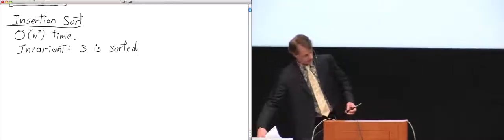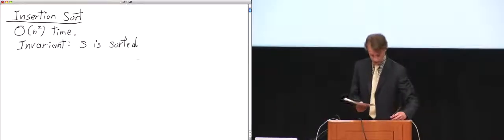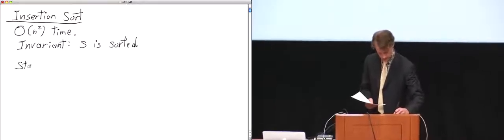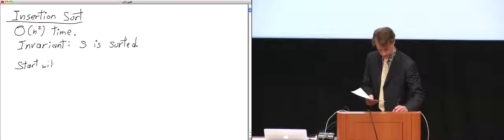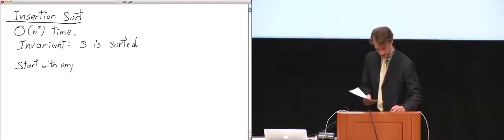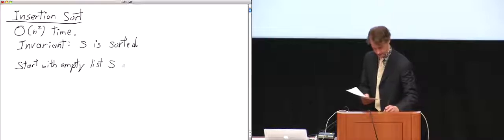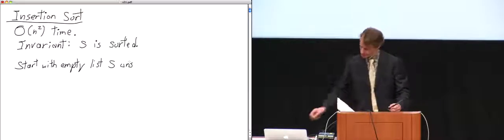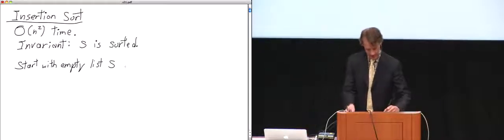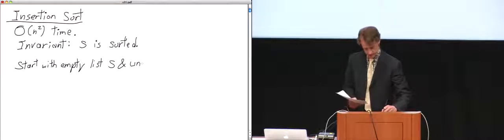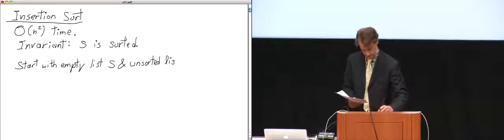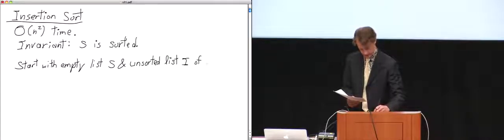So I will write out sort of pseudocode for the algorithm here. We start with an empty list, S, and an unsorted input list, which I will call I for input, and I contains n items.